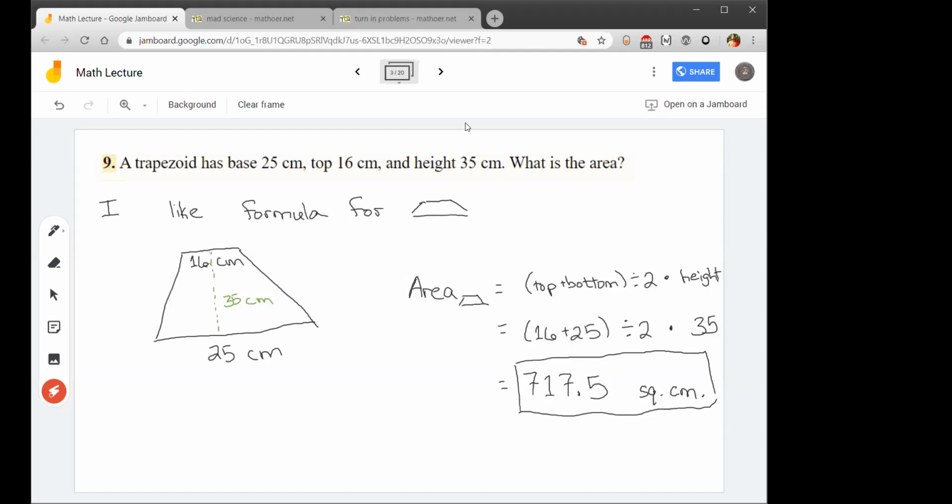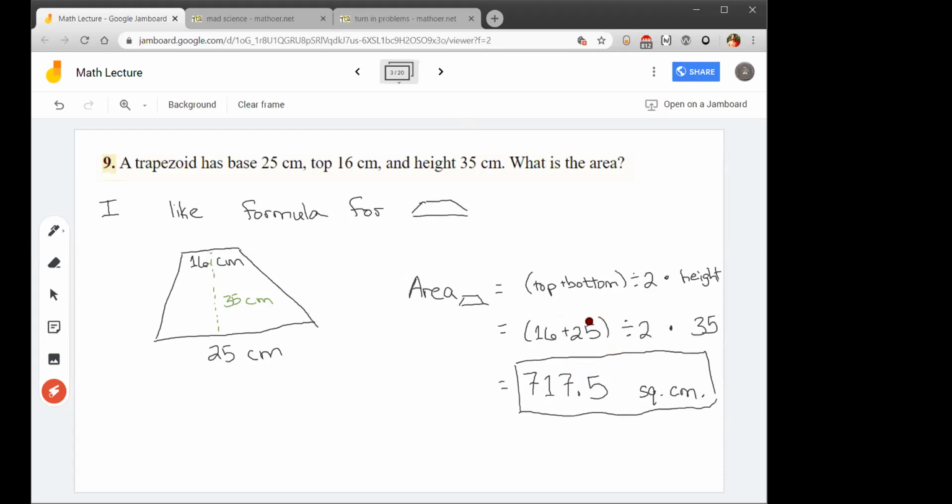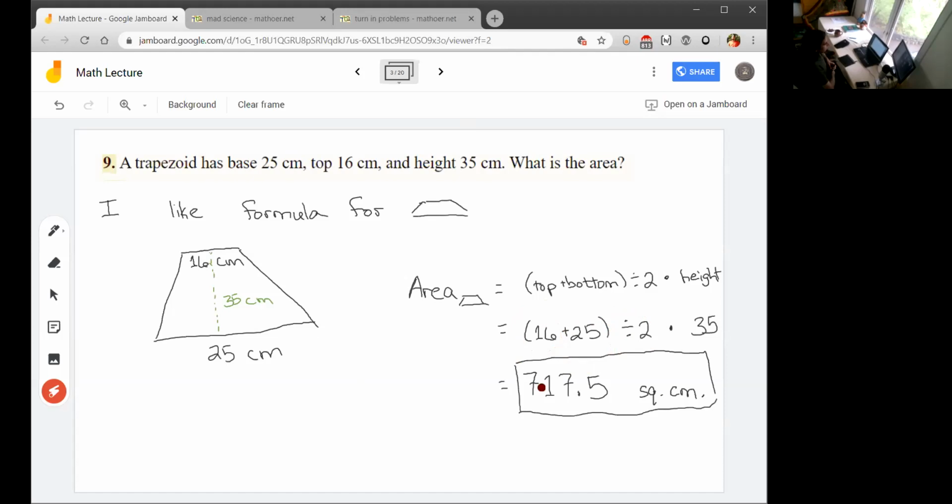Yes. So it's 16 plus 25 divided by 2 and then times 35. And you have to put the parentheses in. Otherwise, the divided by 2 is only going to happen to the 25. Right, and you'll be bigger by 8 because the 16 won't get divided by 2. That's what I was missing. Thank you.